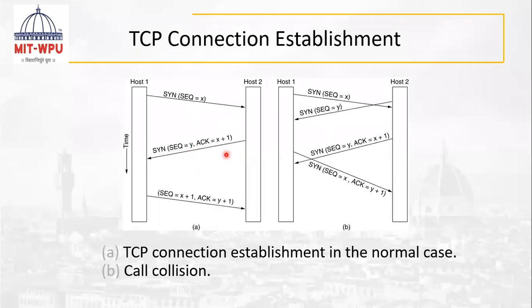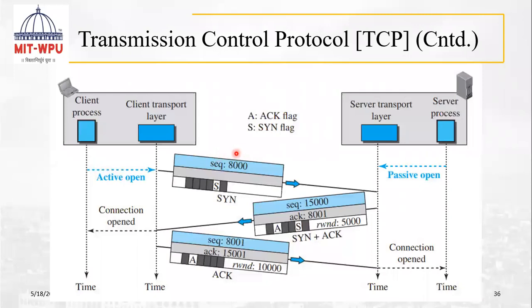We have also seen this simple case where you are establishing the connection, what the sequence numbers are, what the acknowledgement numbers are, and all these things. So this is a simple example. Let us consider that this is the first packet, the hello packet. You are sending it to the receiver.